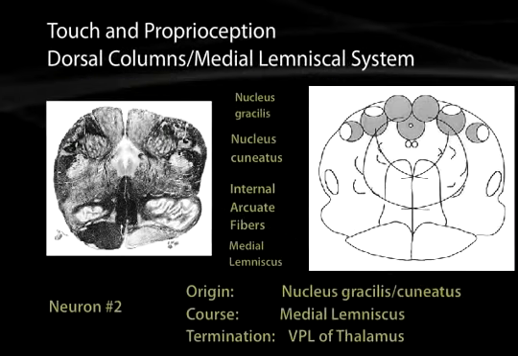So here we are again for the medial lemniscus system. As soon as the synapse occurs, it will cross over to the other side and form the medial lemniscus. Here are the internal arcuate fibers, which show the area where the medial lemniscus is going to form from, and here it is, the medial lemniscus seen just between the two olives of the medulla.